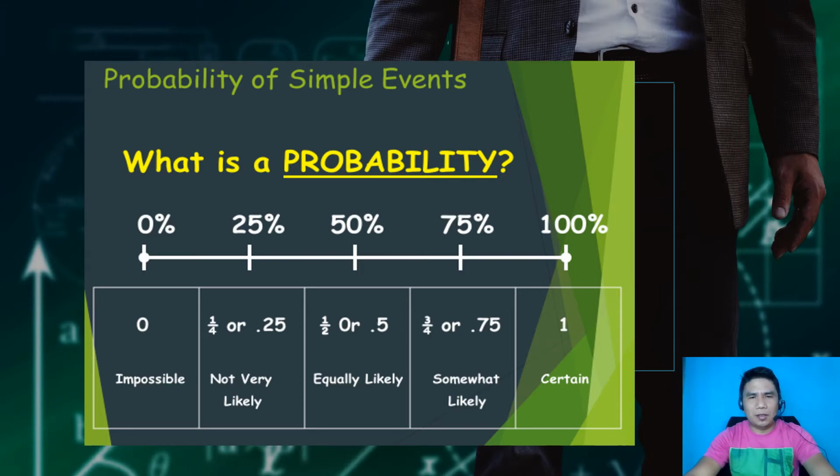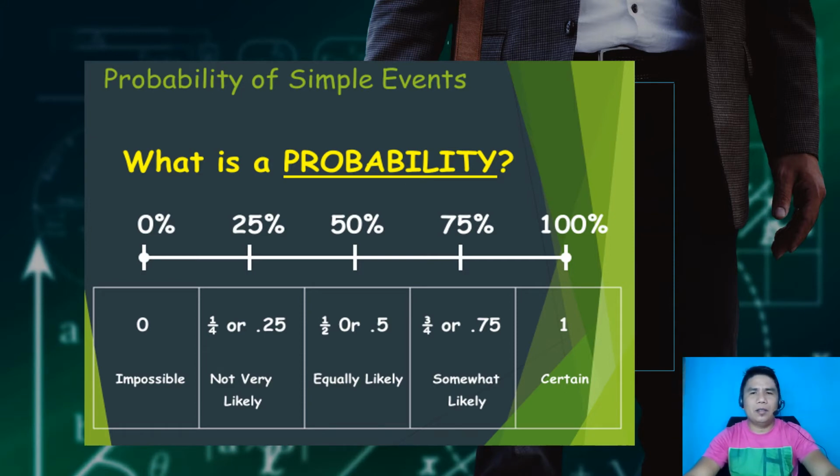So for example, here in the table, we have 0. That means an event is impossible to happen. And if, for example, the probability is 1/4 or 0.25, it says that it's not very likely to happen. If it's 1/2 or 0.5, then it's equally likely to happen.